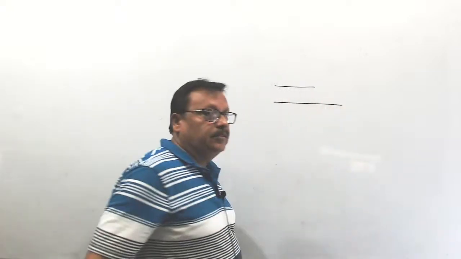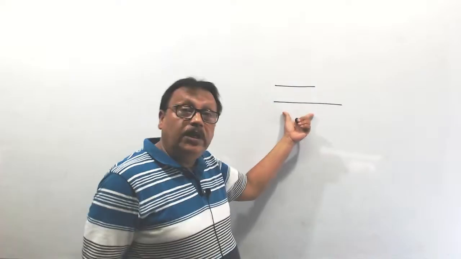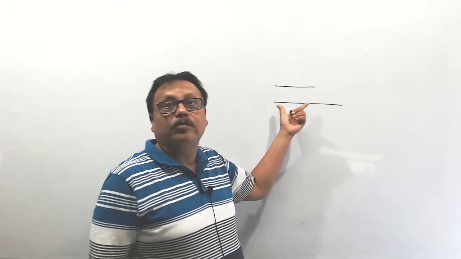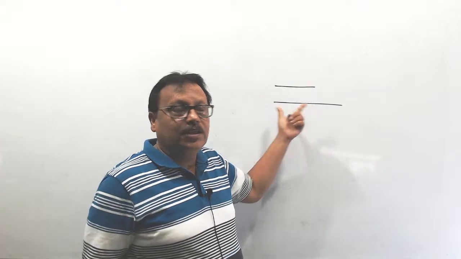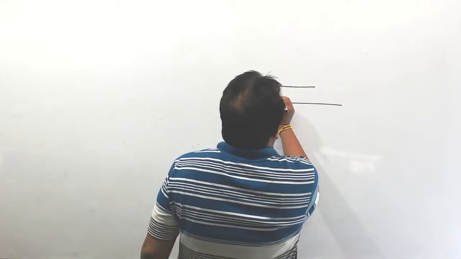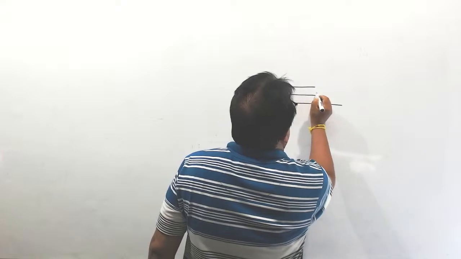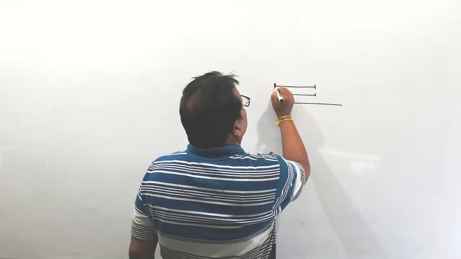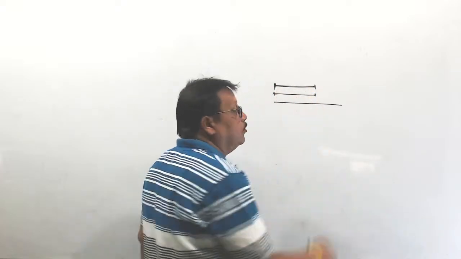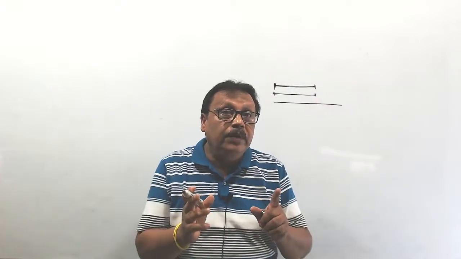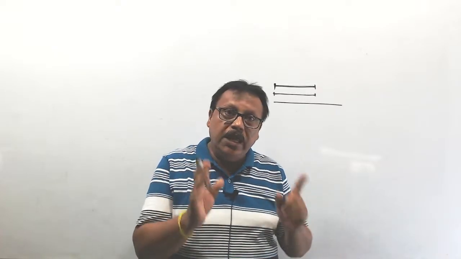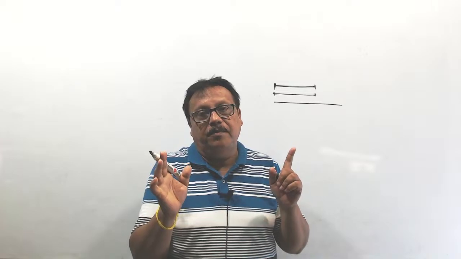Another line segment. Are they equal in length? No. They are not congruent. But if we draw another line segment exactly the length of the previous one, then these 2 line segments are congruent. That is, congruent means same to same, in shape as well as in size.